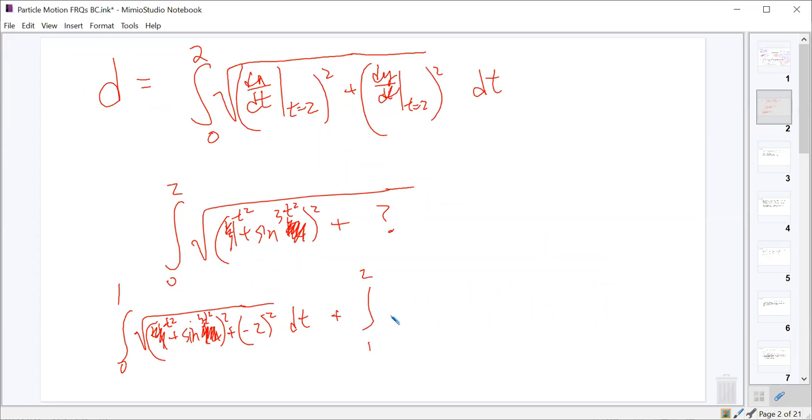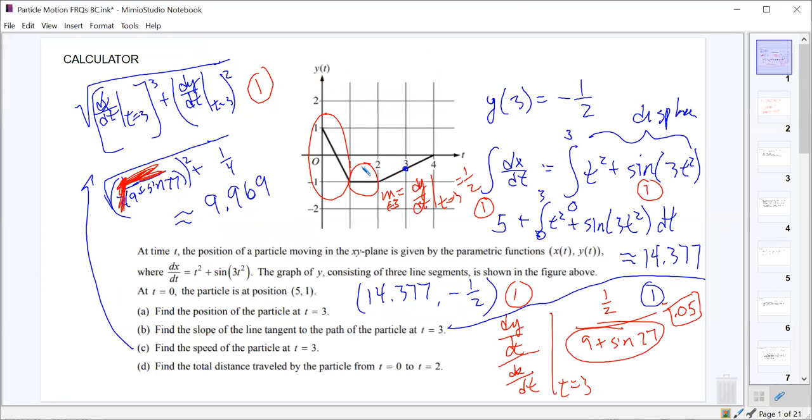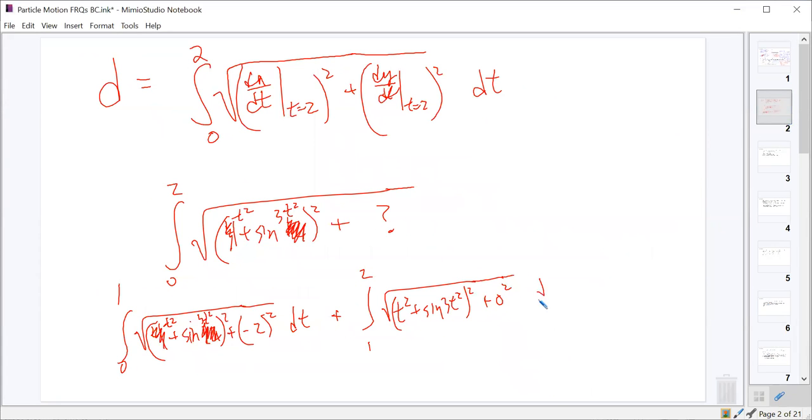And then an integral from 1 to 2 of t squared plus sine 3t squared plus the value of the slope from 1 to 2, which is 0 for this piece, so plus 0 squared dt. And that's what you need to integrate. Sorry, I made a mess of that one. I'm a little out of sorts today. I don't know what's going on.